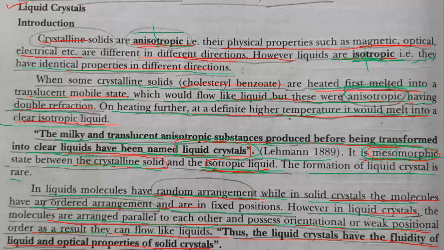As a result, they can flow like a liquid. Thus, the liquid crystal has the fluidity of a liquid and the optical properties of a solid crystal. See, this is the magic here that people are using now.